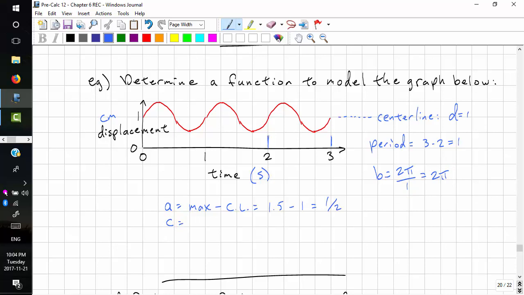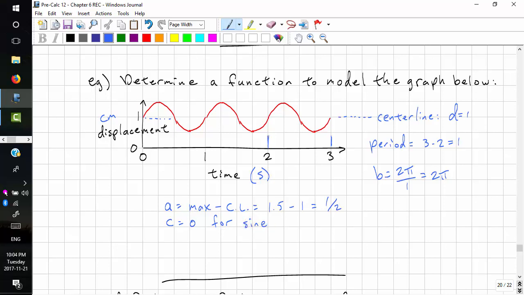C is our phase shift. We're not told whether we're modeling with sine or cosine, but let's pick the most convenient one. This is the center line. It extends all the way over here. And because this y-intercept is on the center line and goes up, we should model this with sine. So C is equal to 0 for sine.